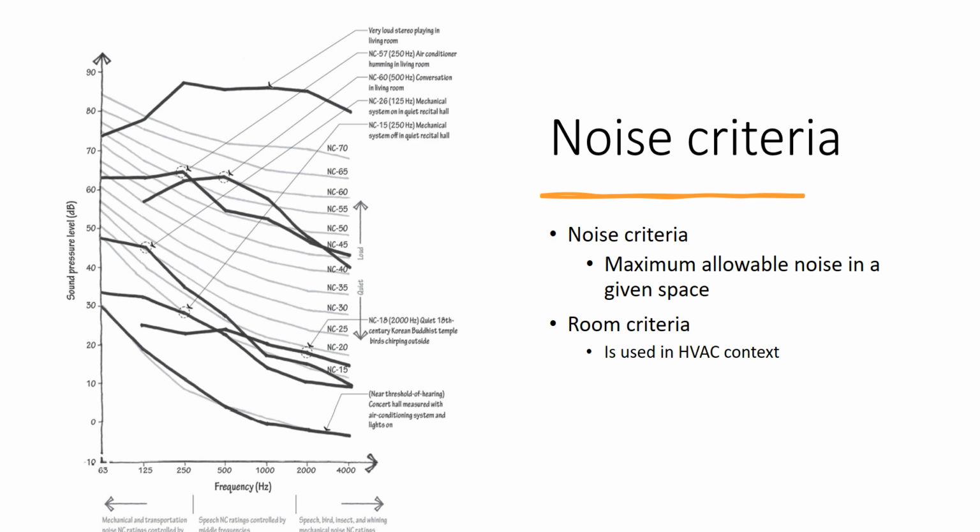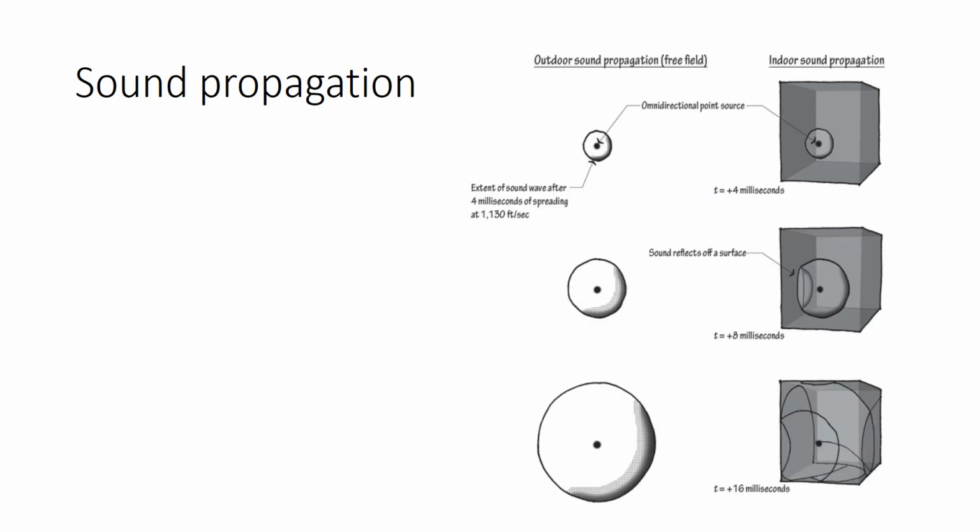Next, the concept related to sound propagation: the sound will start propagating and then it will die off. It means that it won't be producing any effective reflection, and it will go below the threshold level of hearing.